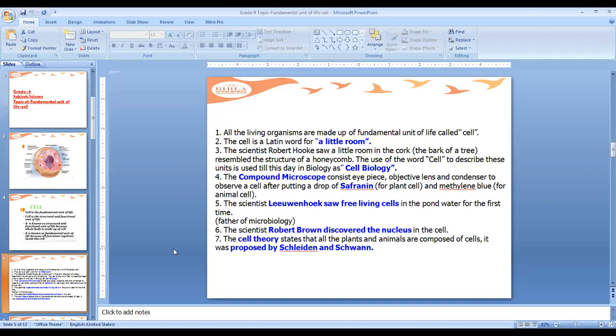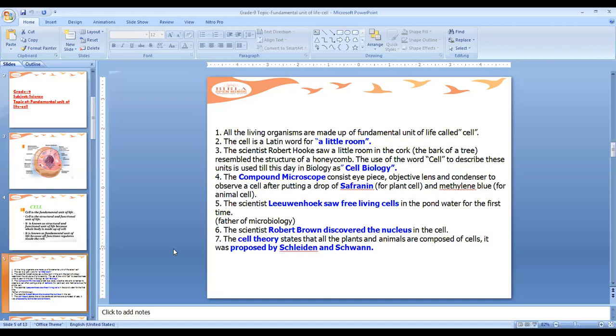So after seeing these cells, he differentiated the cells as unicellular and multicellular. There are a few living organisms which originate from only a single cell, for example amoeba. And there are many multicellular organisms which have many cells in them.